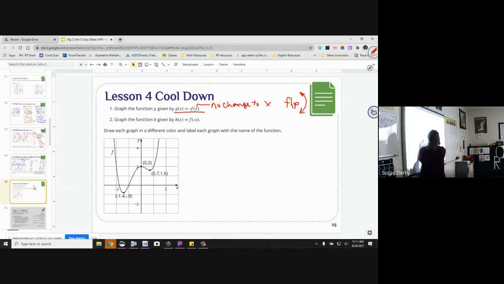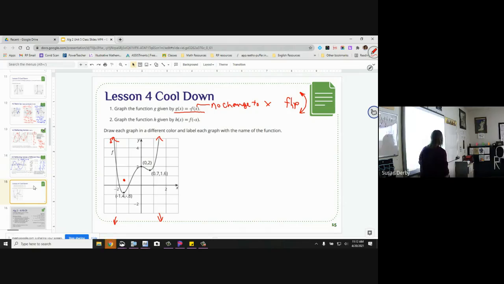So my end behaviors, I do still start there. My end behaviors that were up, up, are now going to be down, down. Every point that was below the x-axis is now going to come above the x-axis.